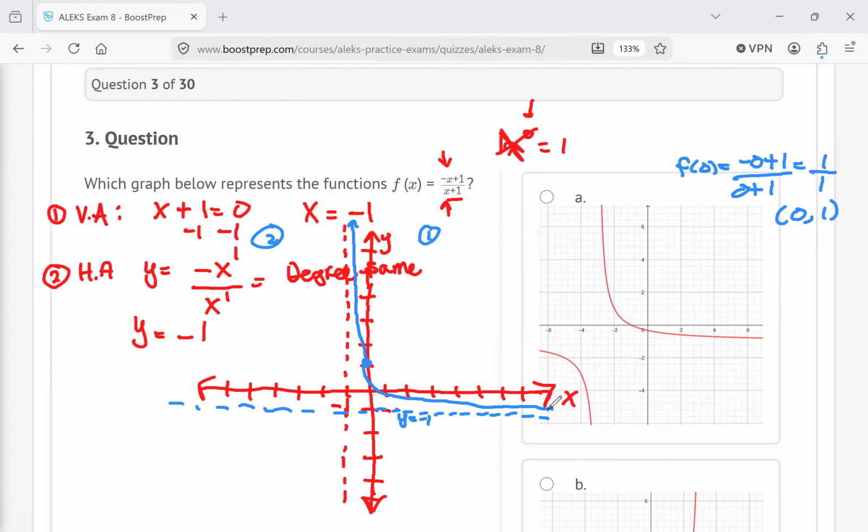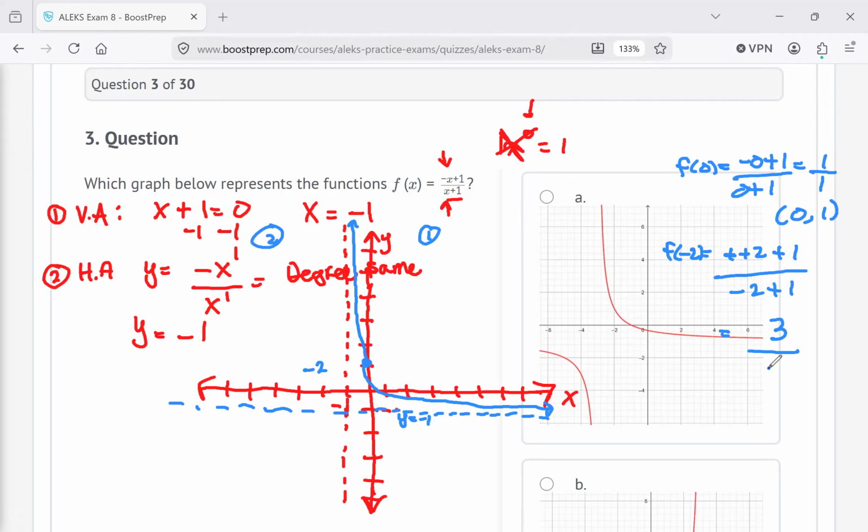Okay, there you go. Now let's do the left side. We can't use the x value negative 1, but we definitely can use the x value negative 2. So go ahead and plug that in. Wherever you see an x, plug in negative 2. Two negatives becomes positive, so 2 plus 1 is 3.